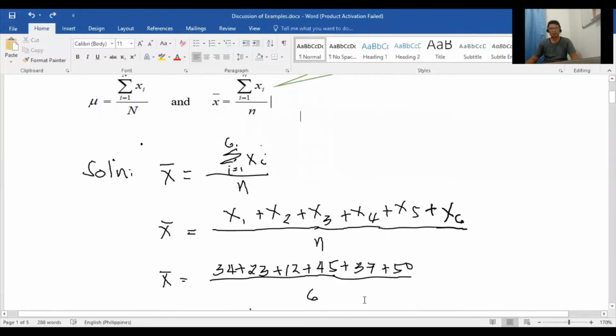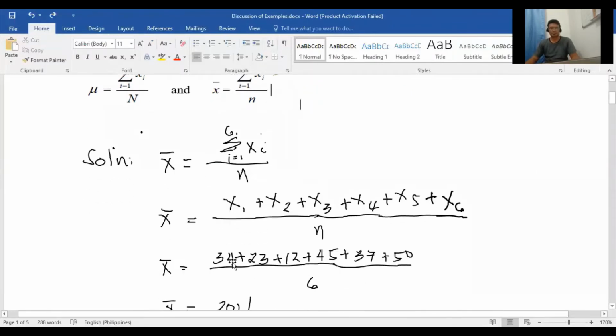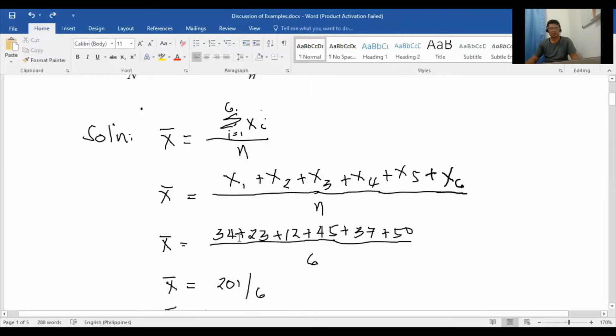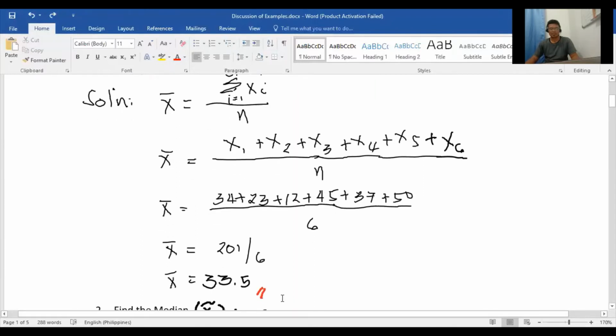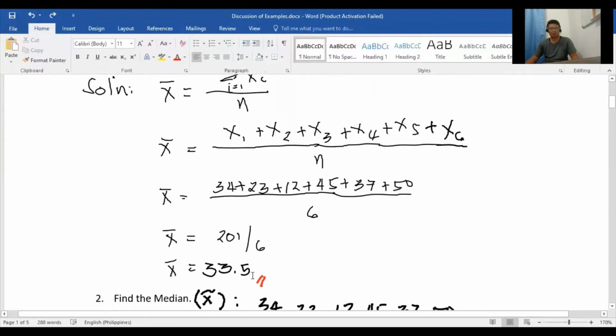So by substitution, we have 34 plus 23 plus 12 plus 45 plus 37 plus 50 over 6. The sum of this data is 201, and we divide it by 6, and we get 33.5 as our sample mean of this ungrouped data.